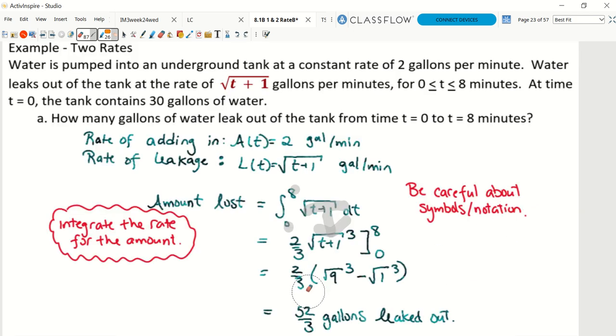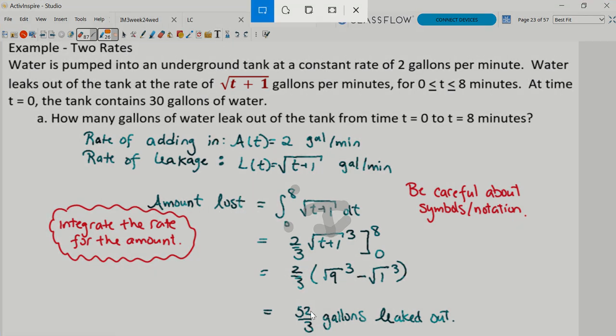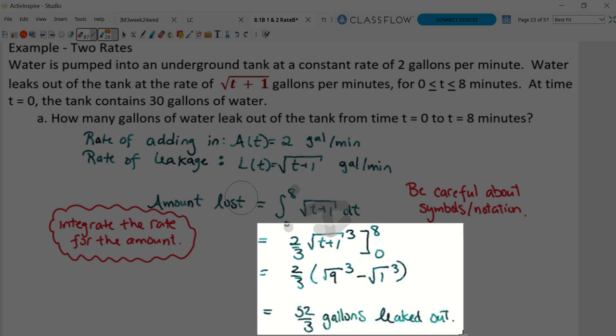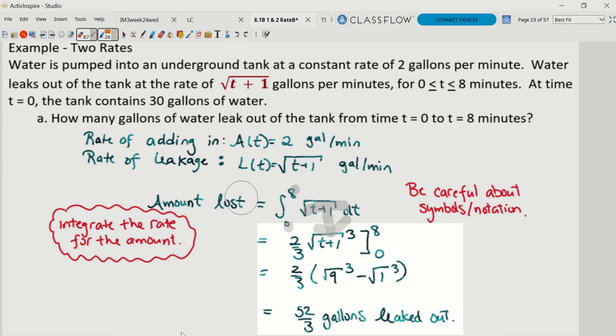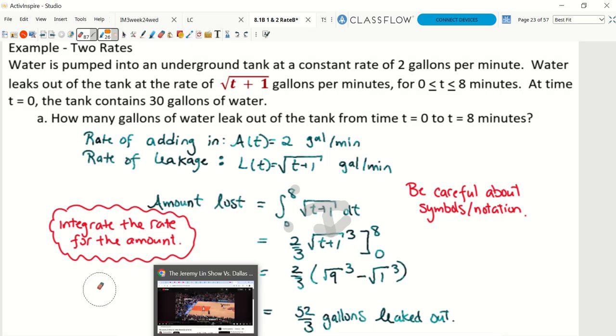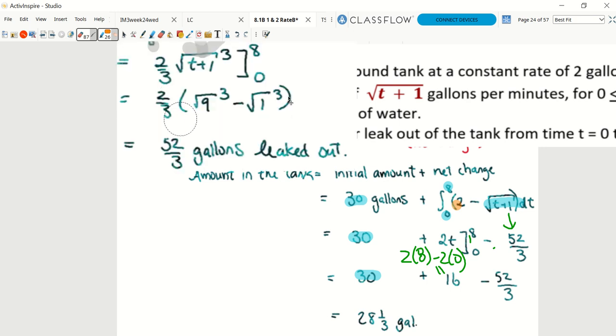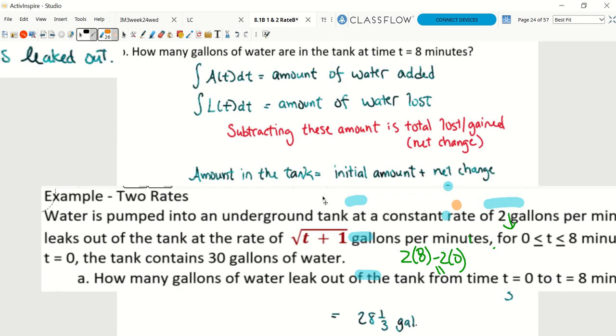And let's get this 52 over 3. Copy and paste it. Come on, computer. Let's do a snapshot. There. Okay, that'll work. Whatever. So 52 over 3. Boom. I just want to get that queued up.